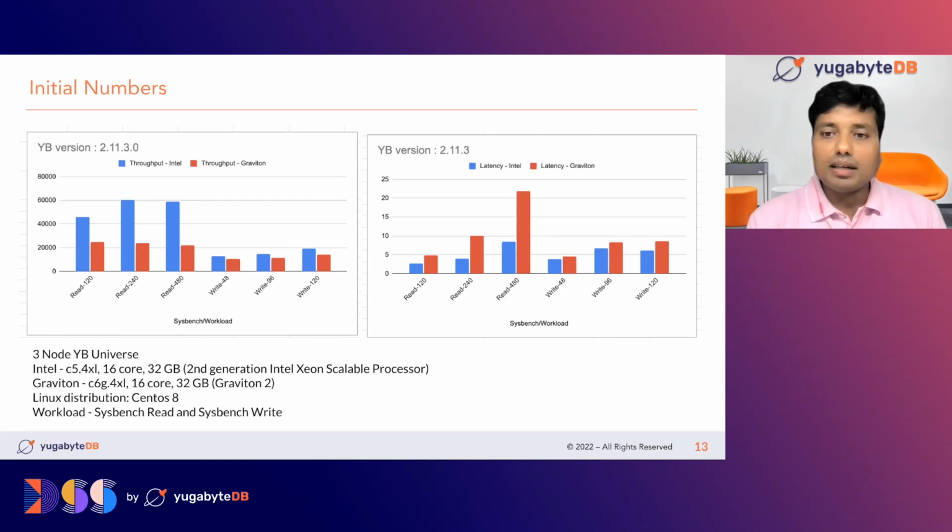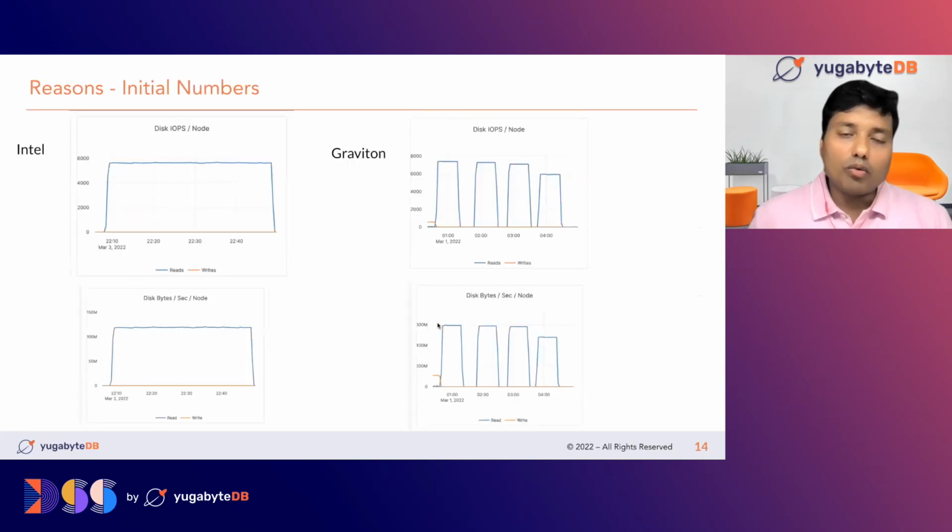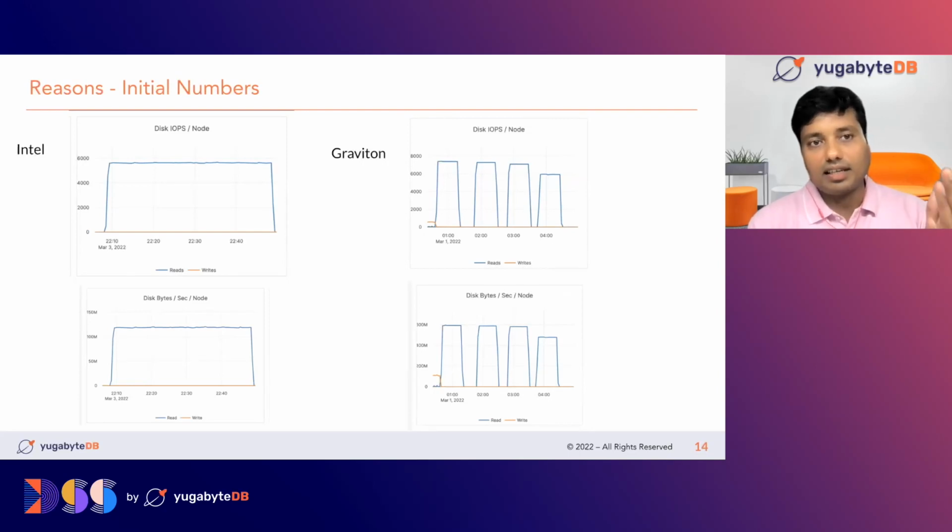So we went into debugging mode to figure out what was happening, and what we found was this. The left side graphs of disk IOPS are Intel machines and the right side are Graviton. In the Intel graphs, we were doing about 6,000 IOPS, and the disk bandwidth we were consuming was around 120 Mbps.